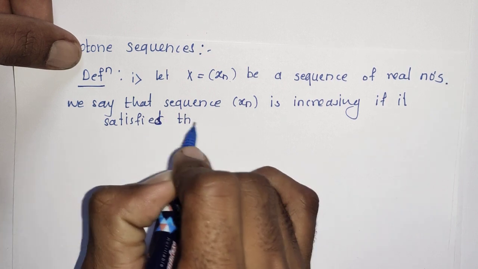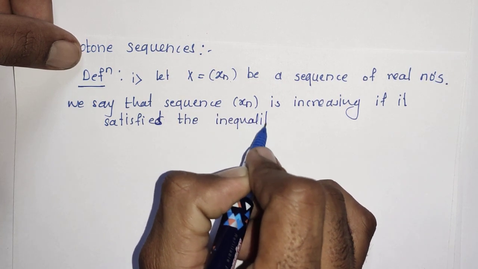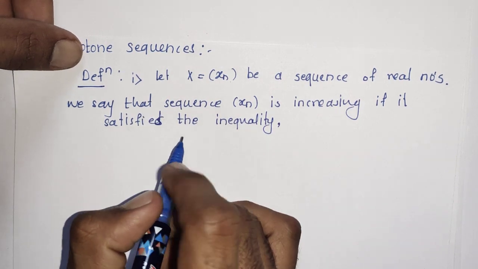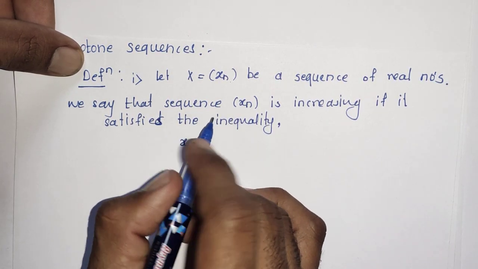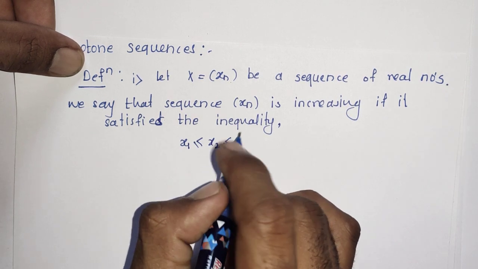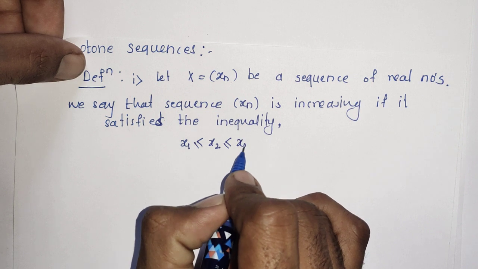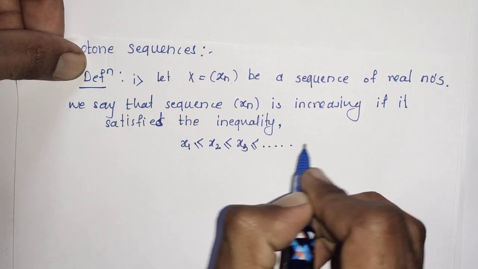The inequality means the first element of that sequence is less than or equal to the second element, which is again less than or equal to the third element, the next element is again less than or equal to the following one, and so on.